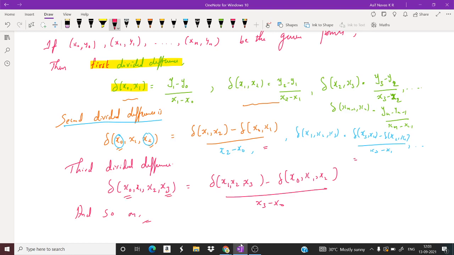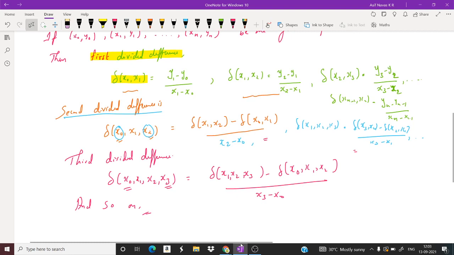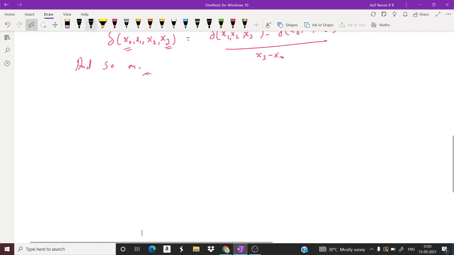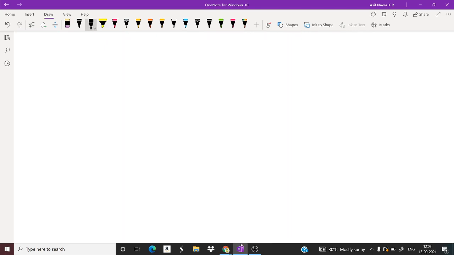Now, what is the formula? We will find the polynomial. So first, let y0, y1, etc. yn be the values of y equal to f of x.